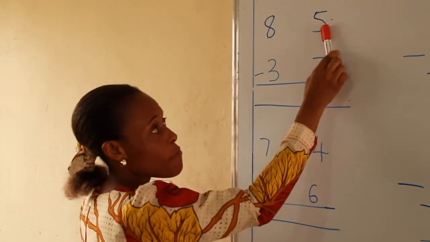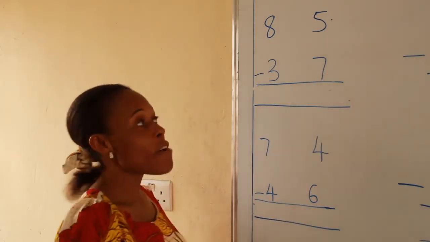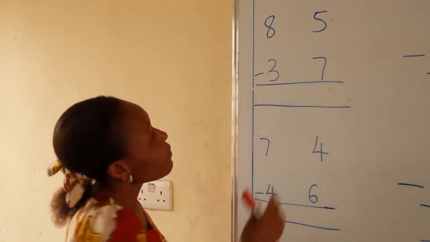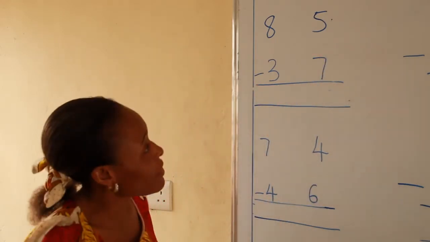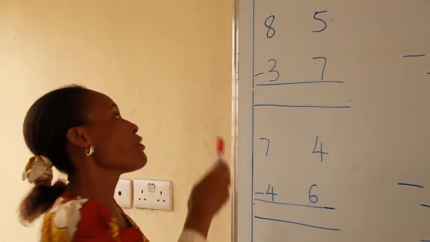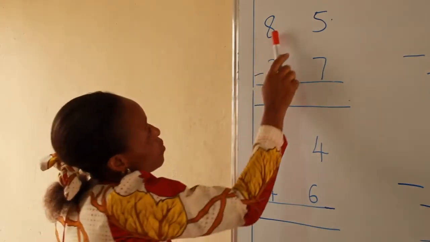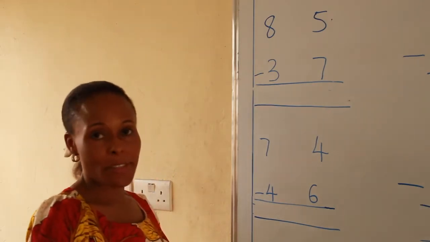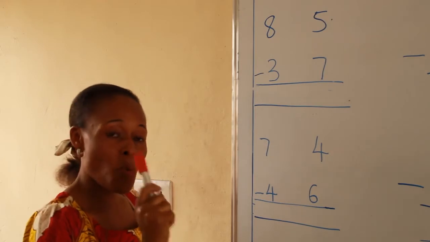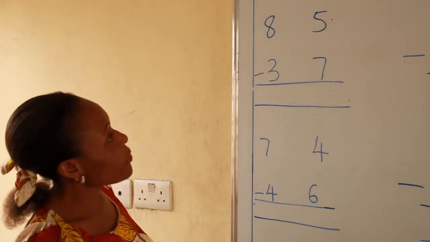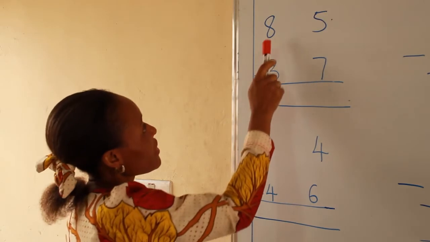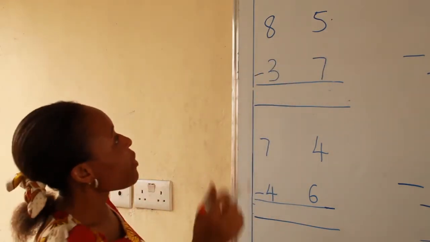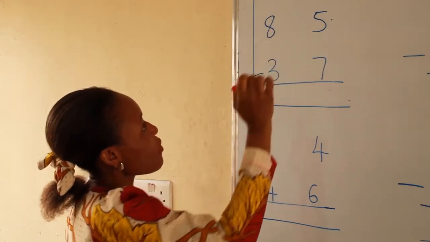Because 5 cannot take away 7, 5 has to go to number 8 and say, please, number 8, I want to take away 7 and I've tried and it's not possible. Please, can you just borrow me a number? I need just one number from you. And number 8 says, all right, I'm going to give you just one number. And so, number 8 now gives number 5 one number.